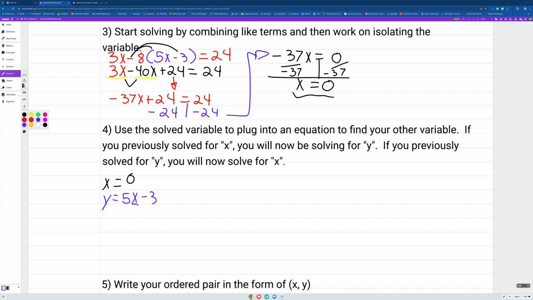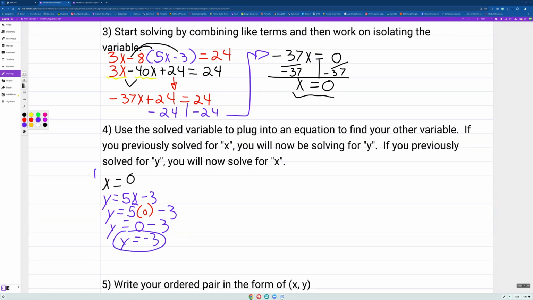So y is now going to be equal to 5 times 0 minus 3. So now just doing order of operations, 5 times 0 is 0. And 0 minus 3 is going to give me negative 3.